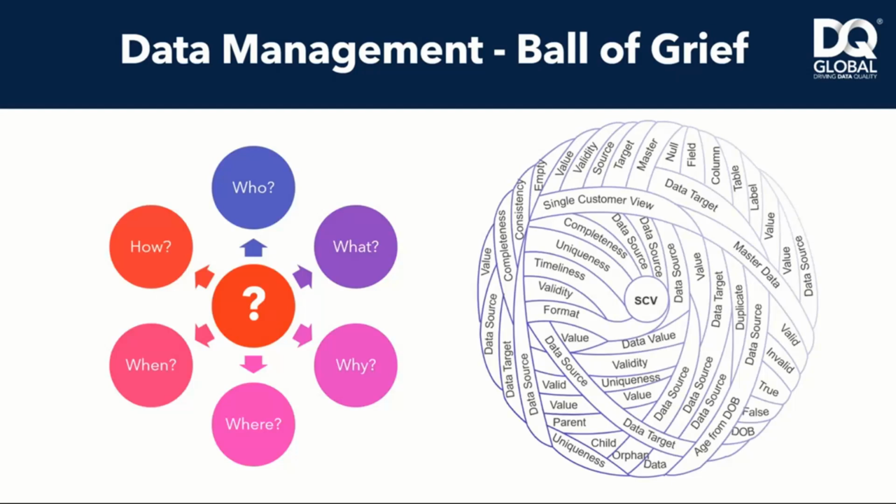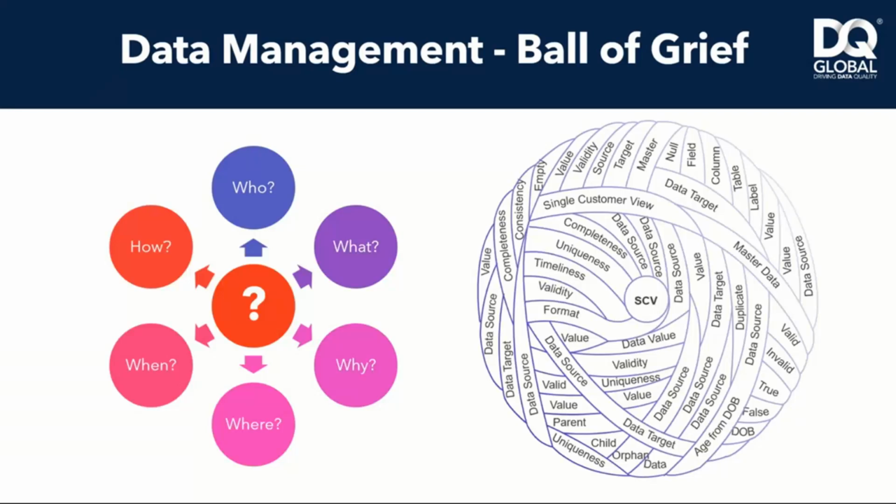So in the middle there, you'll probably be familiar with a term called single customer view. That is having one representation of a business, of a person, and actually understanding that person or company in the database. And wrapped around that, you have multiple aspects. So you have, where does the data come from?